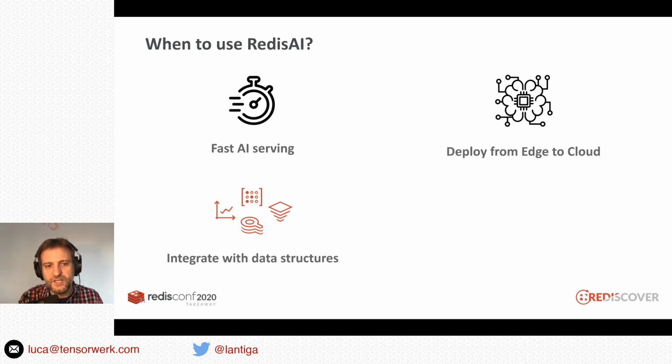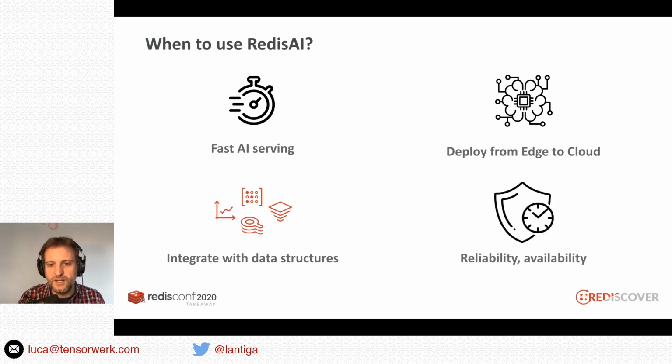And actually, if you will follow the RedisGears talk, RedisAI is also integrated with RedisGears. So you can involve a RedisAI inference step in a RedisGears computation. And anywhere you need Redis for reliability and availability, that's where, if you think about Redis in a context of serving models, that is what RedisAI is for.